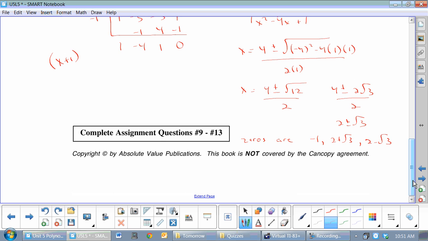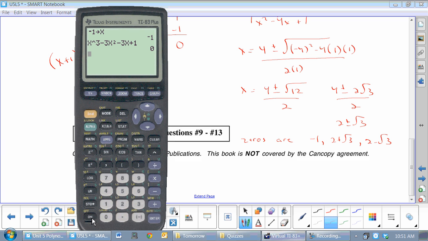Okay, now if we graph it, let's see what's going on here, because this doesn't seem right. Those numbers are bad, right? They're not nice numbers. So I want everybody to try graphing it here, not just me.